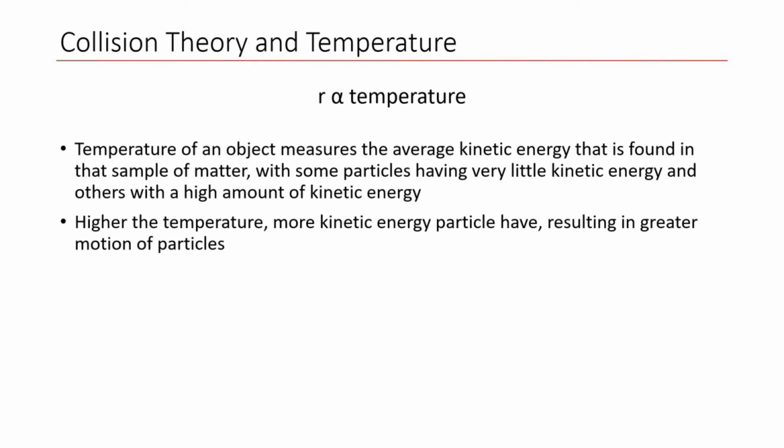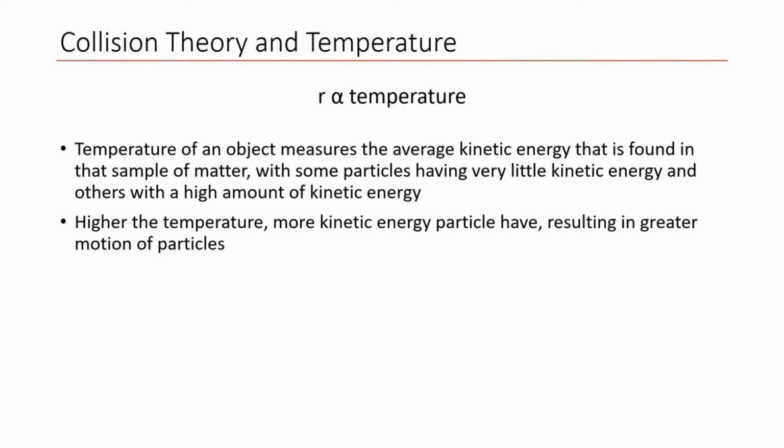Okay, so again, collision theory. As a result, we can say that my rate is proportional to my temperature. We know that temperature is a measure of the motion of the particles. The higher the temperature, the more kinetic energy, so the more movement particles have. This leads us to the first way in which a change in temperature can affect our rate of reaction.